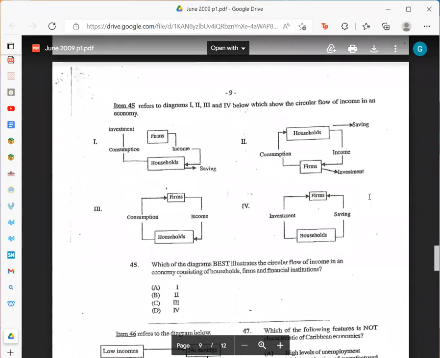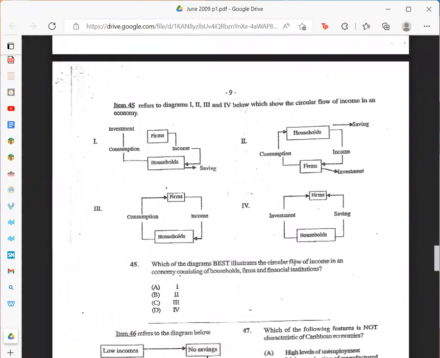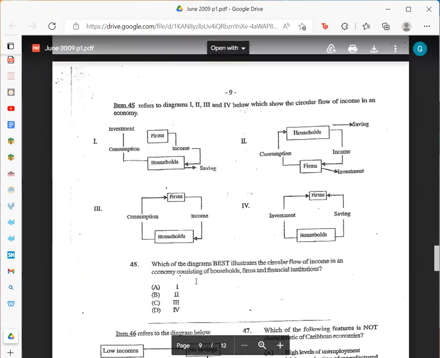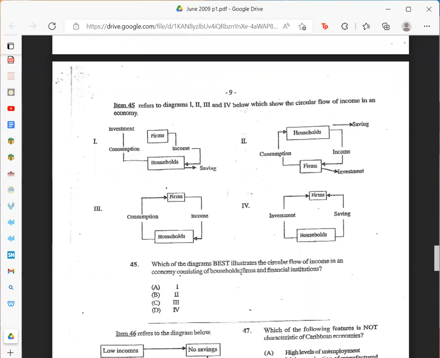So we have 45 now. So yeah, we have these diagrams. Which diagram best describes the circular flow of income in an economy consisting of households, firms, and financial institutions?